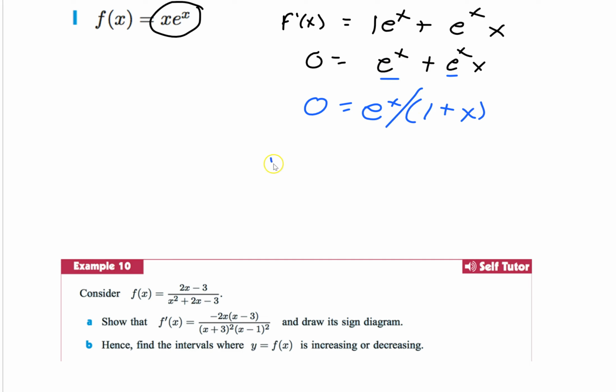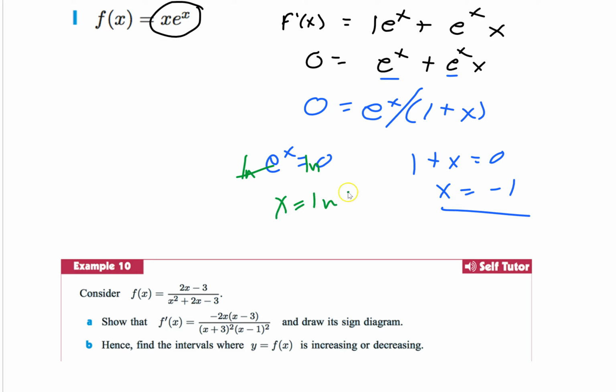Split it. e to the x equals 0, and 1 plus x equals 0. x equals -1. That's a critical point. Now let's talk about e to the x equals 0. How do we solve it? Well, remember what cancels out e? Natural log. x equals natural log of 0, which by the way is undefined. Natural log of 0 doesn't exist.